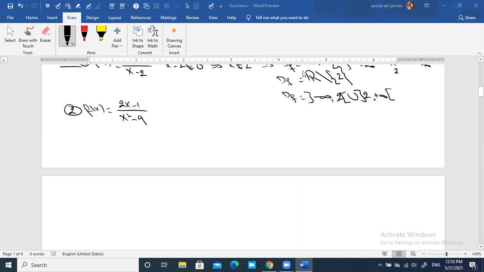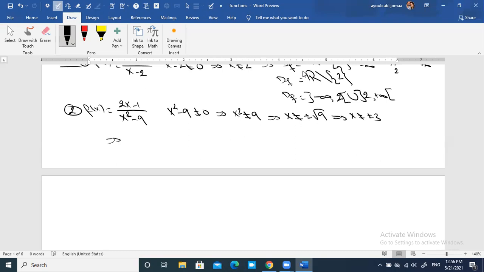Here the condition is that the denominator should not be equal to 0. X squared minus 9 should not be equal to 0. It means that x squared should not be equal to 9, and this means that x should not be equal to positive or negative radical 9, so x should not be equal to positive or negative 3.